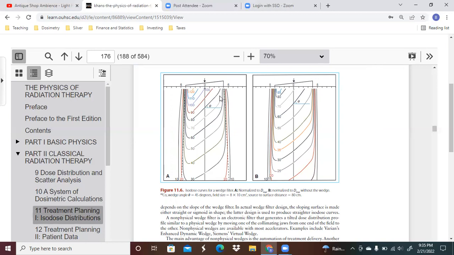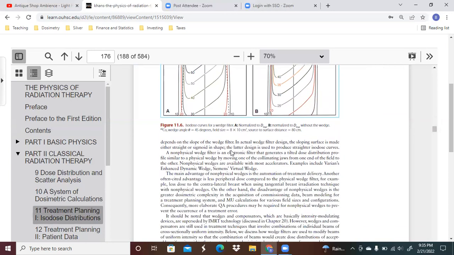And the reason I say that is because your hotter isodose lines, the 120, 110, 190 or whatnot, are going deeper into this, whatever the object is that you're pointing it at, than they are over here. And depending on the wedge, you may end up needing maybe a steeper wedge, depending on what the circumstance is.